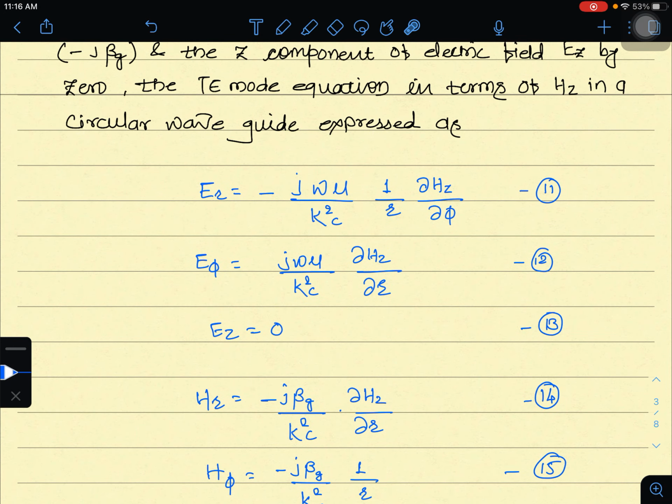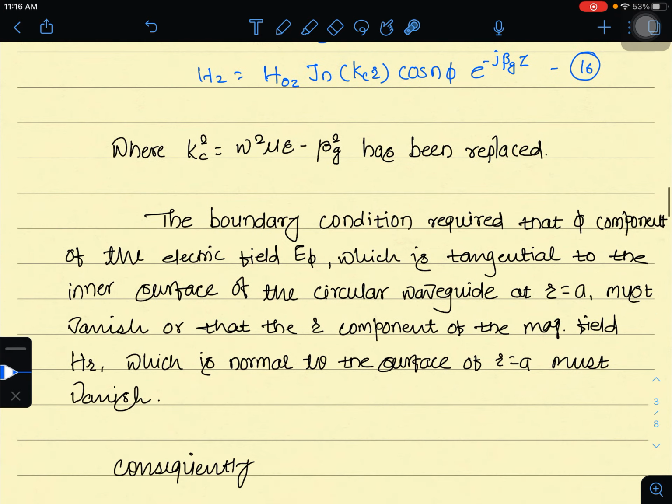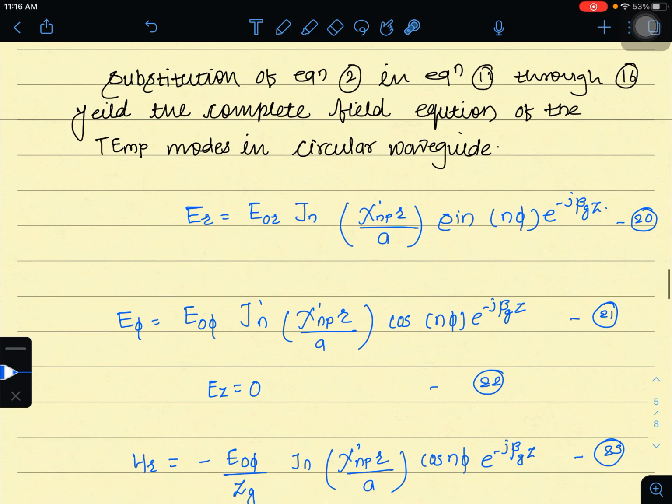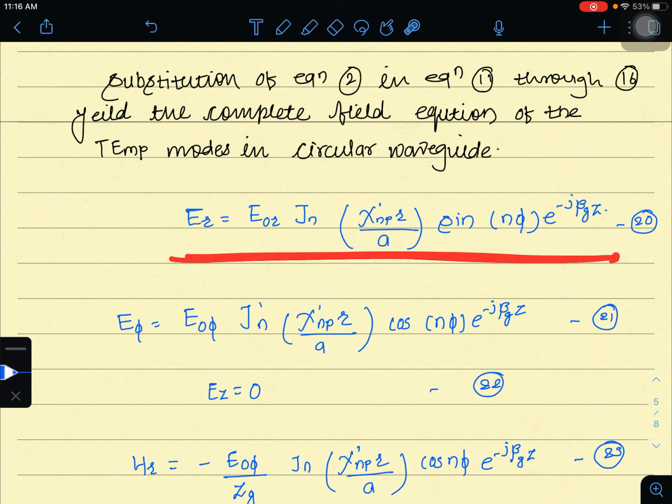First, we are going to use the equations regarding the ER term. Look at these equations. In that ER term, in equation 2, we see it is simply that the HZ. That means here we just write ER is equal to E0R Jn, and KCR replaced by X dash NPR, and the cos replaced by sine.